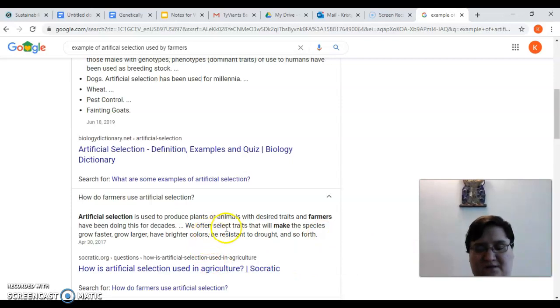So we often select genes that will make the species grow faster, grow larger, have brighter colors for flowers, be resistant to not having a lot of water, and so forth. Right? So I think this is actually good. So again, you're picking something that's wrong with the plant or wrong with the animal, and then you're breeding so that thing doesn't happen.